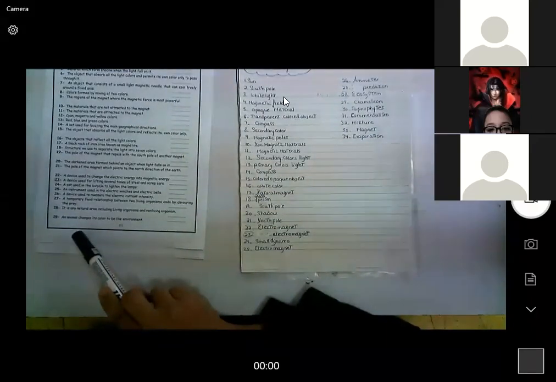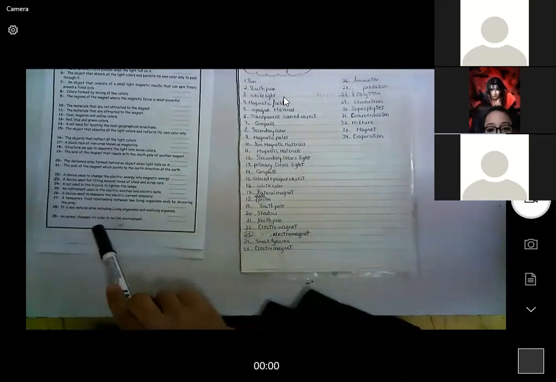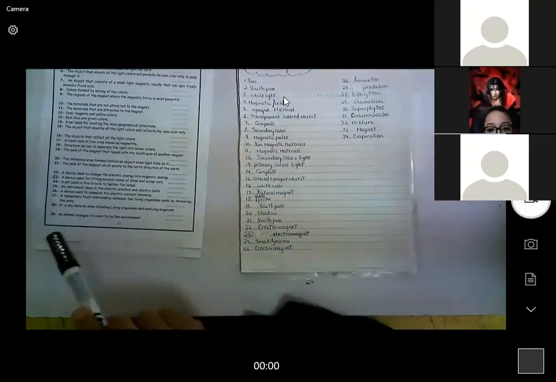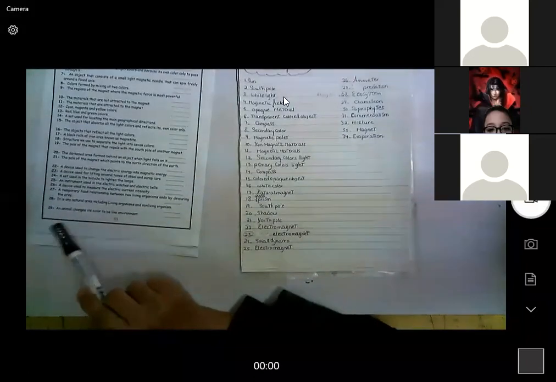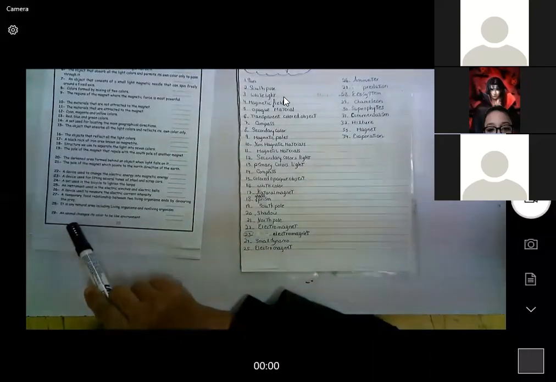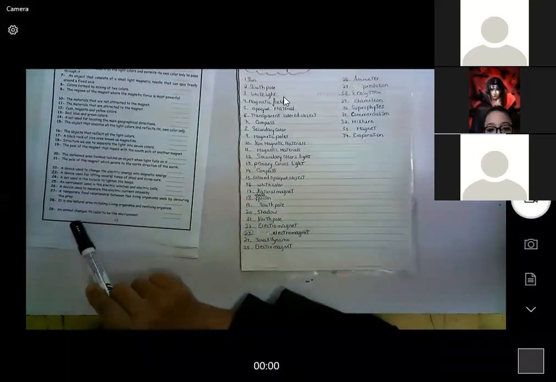Number 29, an animal that changes its color to be like the environment. Here I ask you for an animal. It's called a chameleon. Okay? Because sometimes you write the type of relation or the type of color change, which is called camouflage.